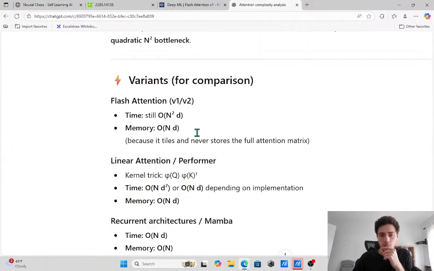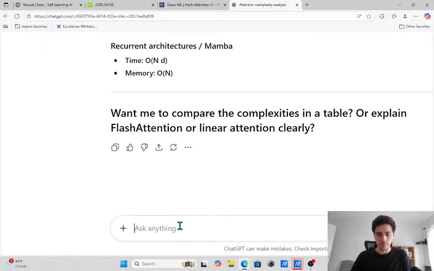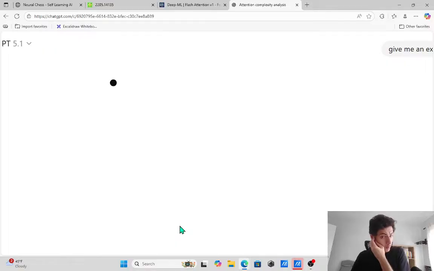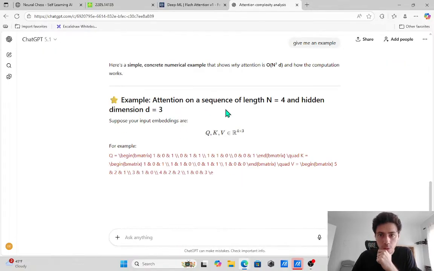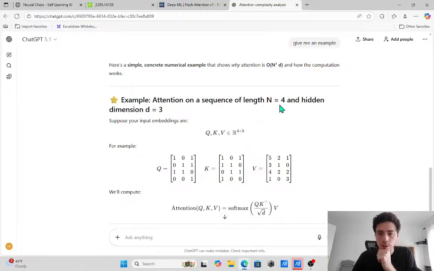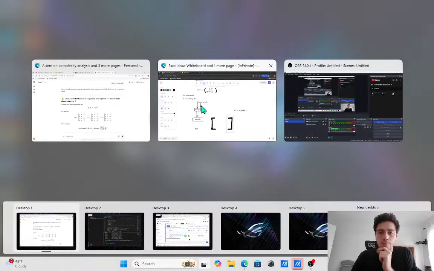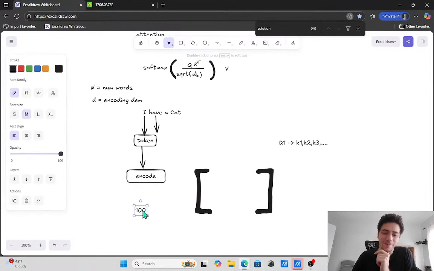Give me an example. Sequence length is 4. Dimensions is 3. Yeah. Okay. Fine. Let's follow their example. It's probably hard to show 100, but 3 is easy.